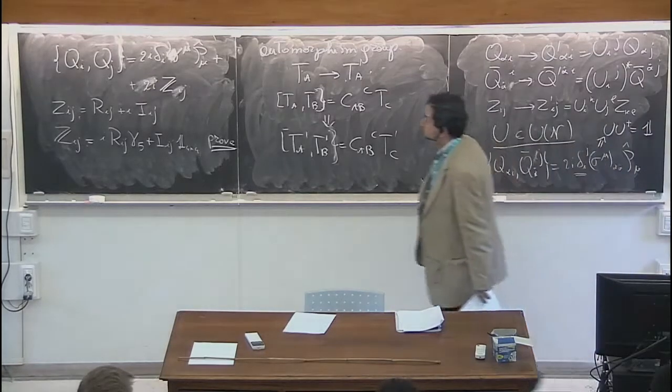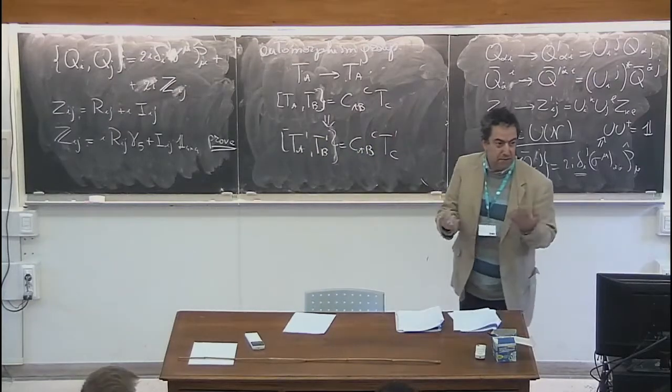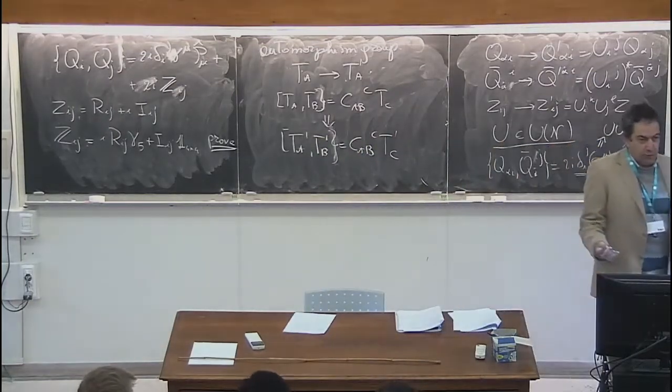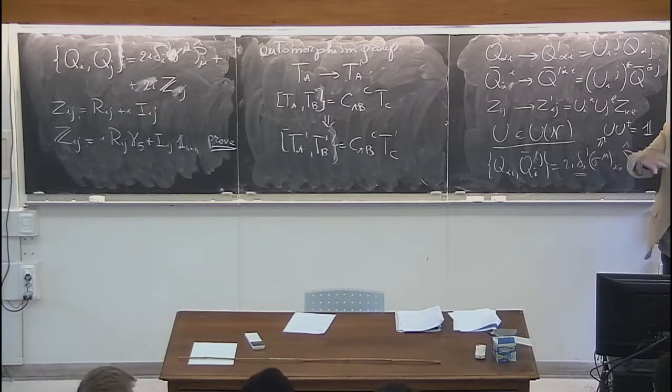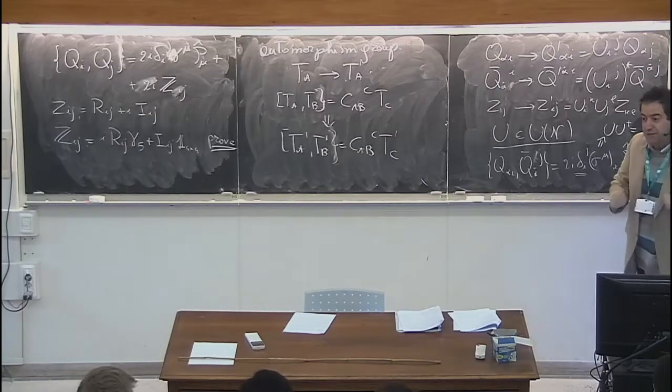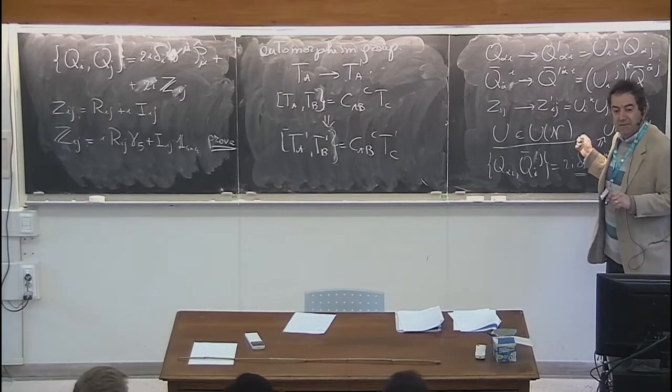Don't mistake this group for the internal group that we wrote. The internal group is part of the super Poincaré group. This is an automorphism, something which acts from the outside but leaves the structure constants invariant. This is called the R-symmetry group.